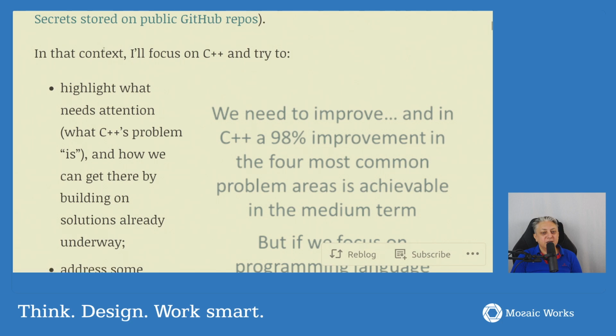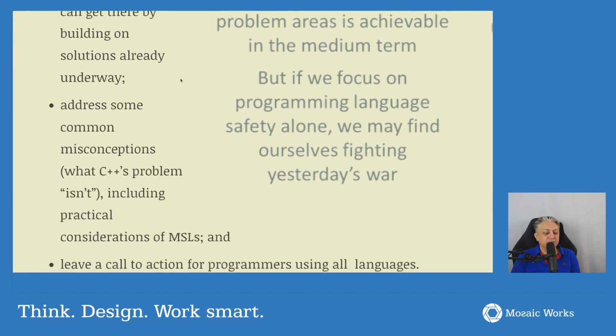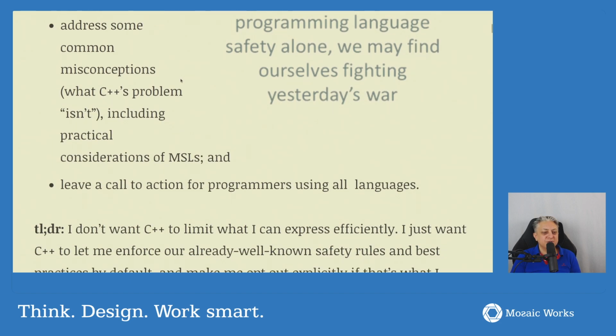In that context, I'll focus on C++ and try to highlight what needs attention, what the C++ problem is, and how we can get there by building on solutions already underway, address some common misconceptions, what the C++ problem isn't, including practical consideration of memory safe languages, and leave a call for action for programmers using all languages.